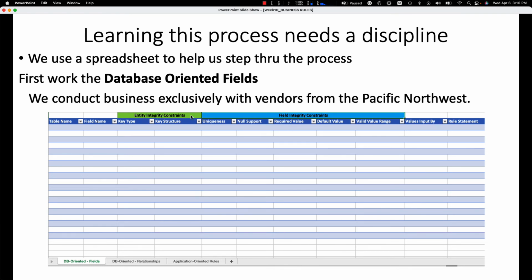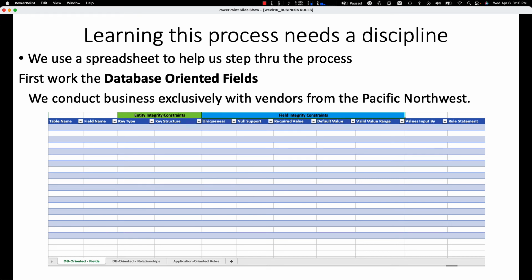Well, that was the vendor table and the vendor state, and it's not a key type and it's not a key structure. It does not need to be unique. We will not accept a null. Required values are Washington, Montana, and whatever else we said. If we're working out of the state of Washington, we may decide to give it a default value just to save time.